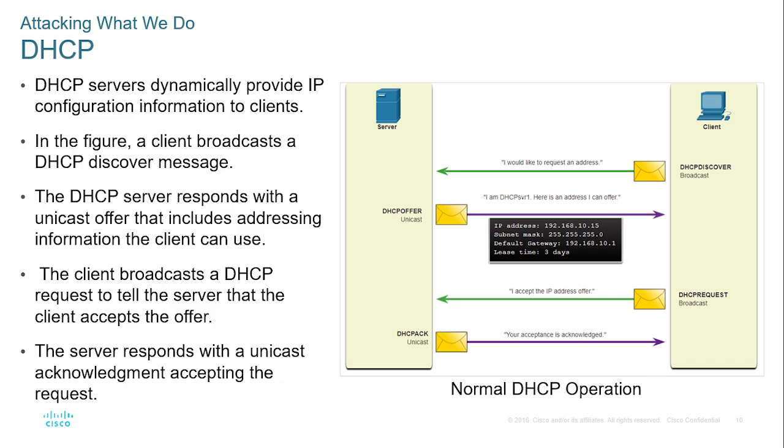So the DHCP server will respond with a unicast message directed to the client that requested, and then the client will respond back and say, I have accepted the offer, and the DHCP server will again respond and say acknowledged.